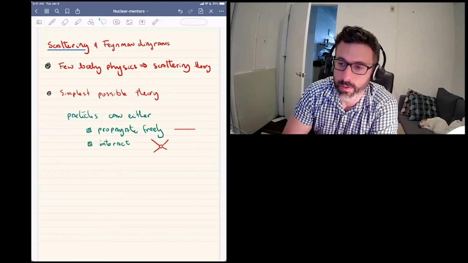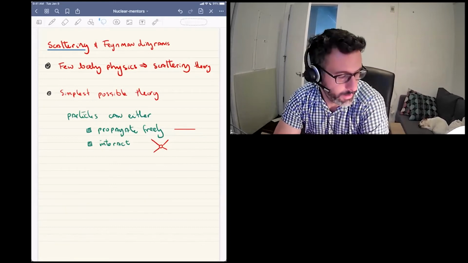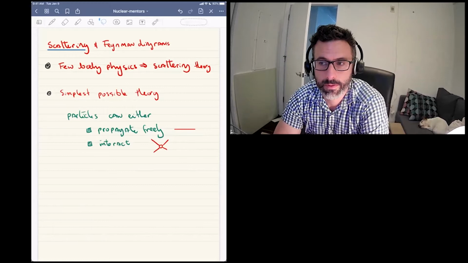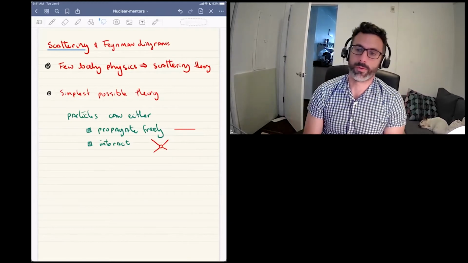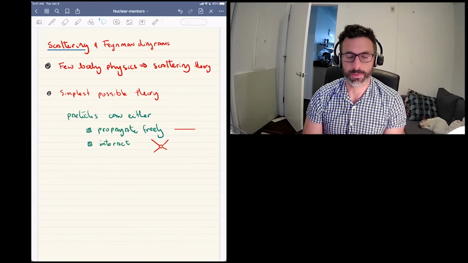All right. So what I was going to talk about next is Feynman diagrams. Feynman diagrams are a useful tool to visualize equations. They also carry a physical interpretation.